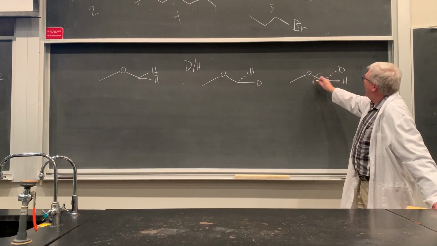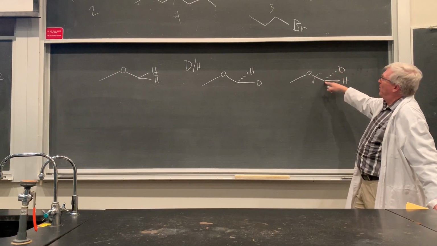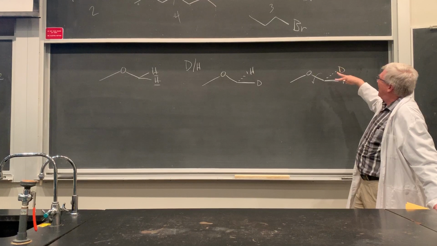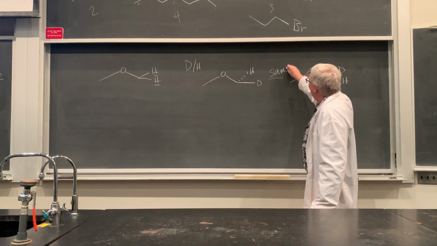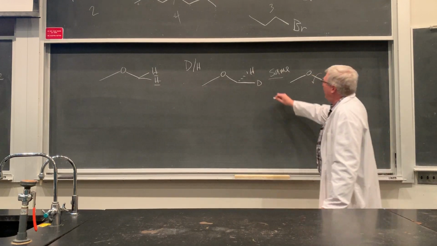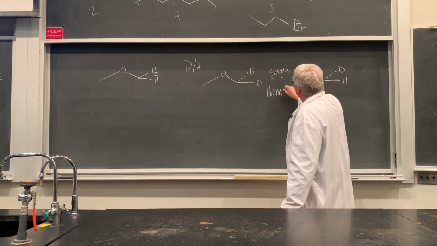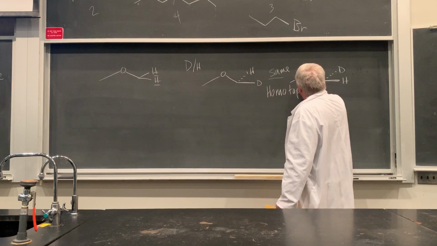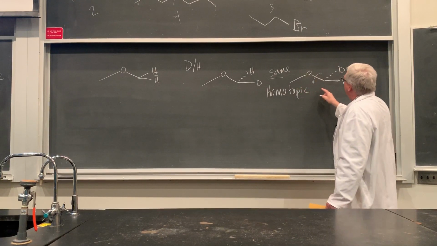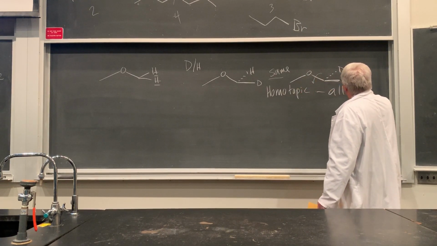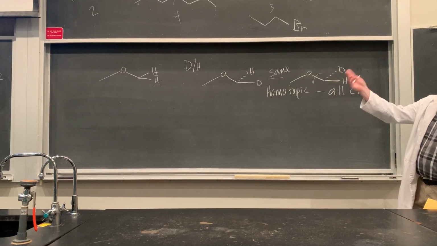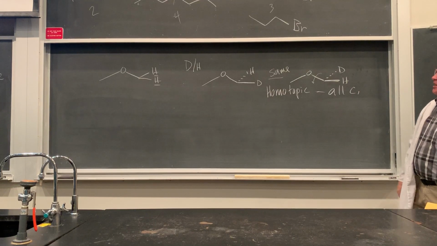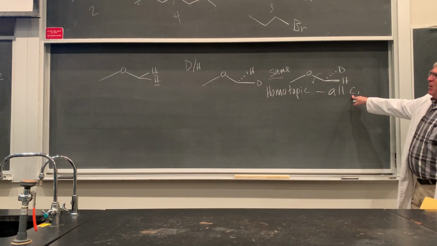Well, if we just rotate around here, this is a methyl group after all, that other hydrogen's still there. We rotate around, we see that these are the same. Well, how are they the same? We say they're homotopic. And that means they're always the same under all conditions. So no matter what we expose that molecule to, those 2 hydrogens, in fact all 6 of them really, we can exchange them all with this deuterium exchange idea. They're always the same under all conditions.